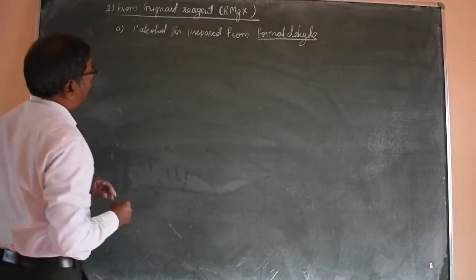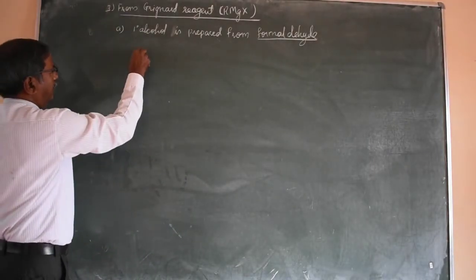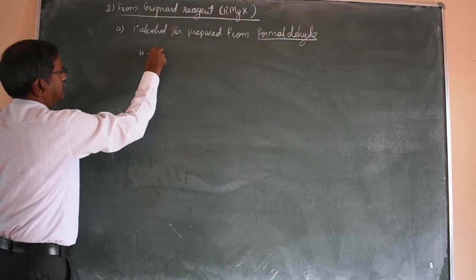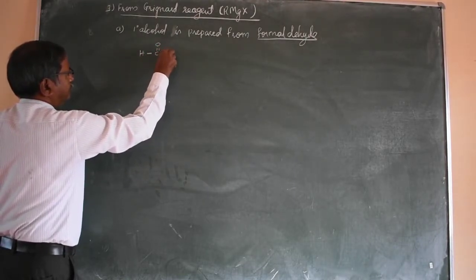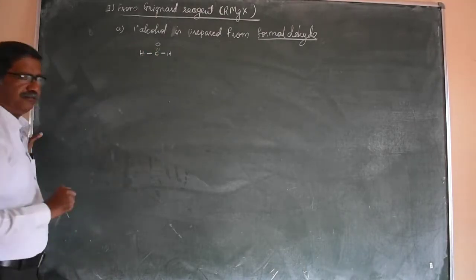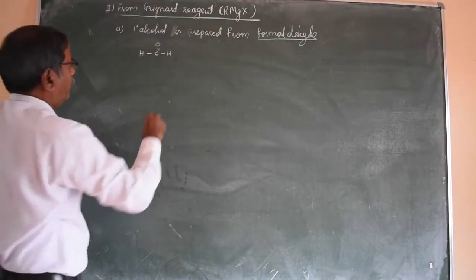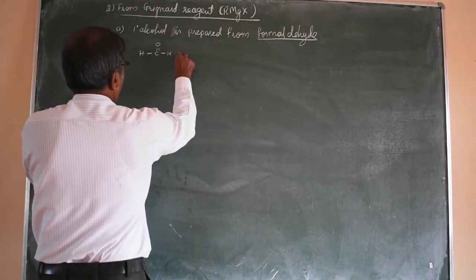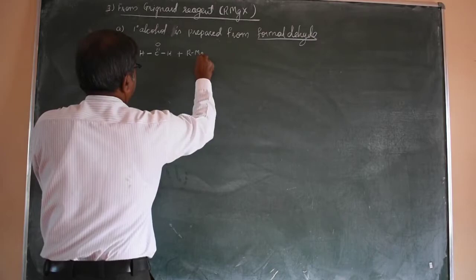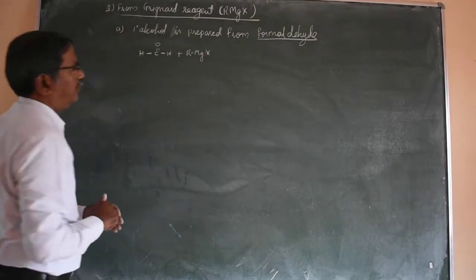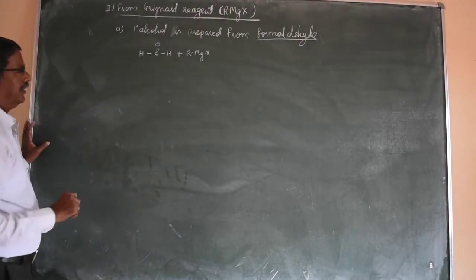We know the formula for formaldehyde, HC=OH. This is the formula of formaldehyde. We know the formula for Grignard reagent, RMgX. It's the formula for Grignard reagent.